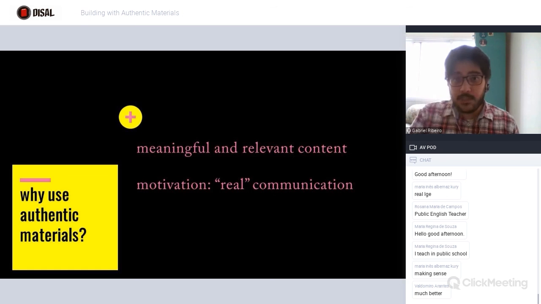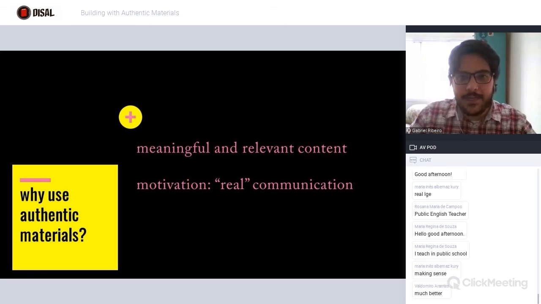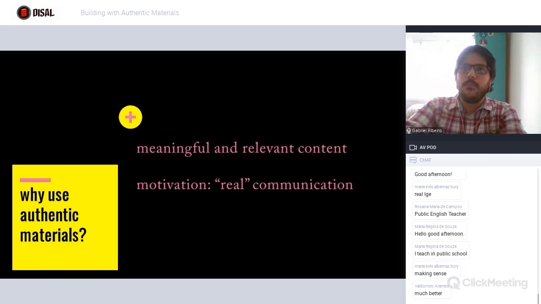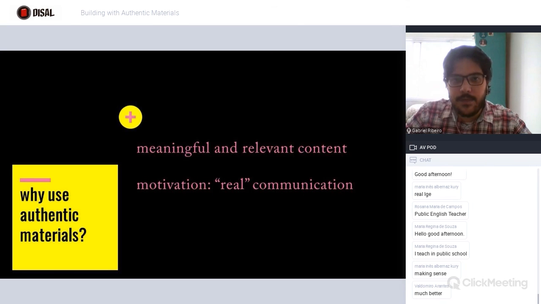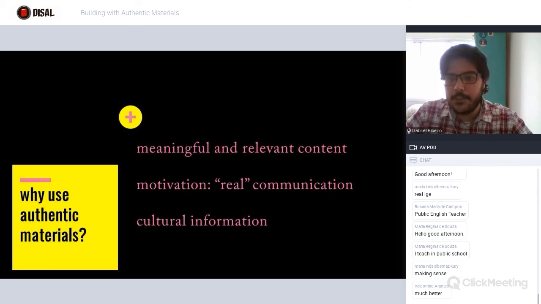There are situations in which we might do that, but if I give my students a radio show, and they have to identify the new procedures that are being taken, the new rules about something, then this is more likely to be meaningful to them, right?